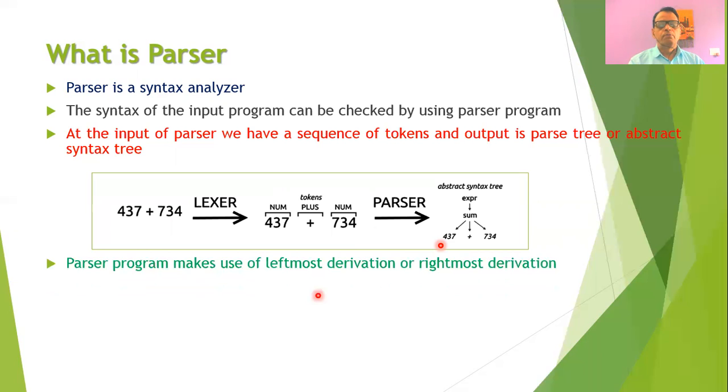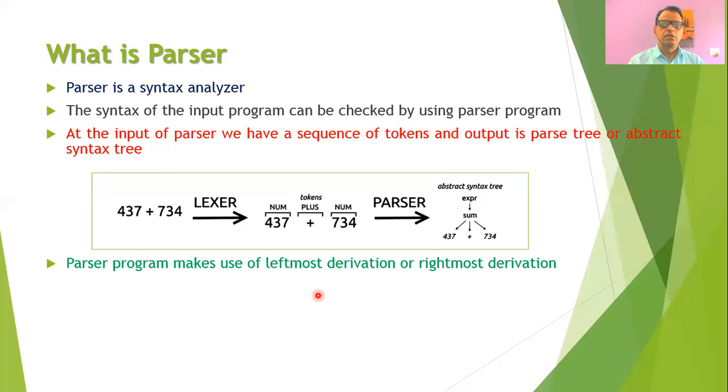The parser program is written by using any programming language. Basically, it will do either the leftmost derivation or the rightmost derivation. Already we have seen that the grammar of the programming language can be described by a context-free grammar, and in the context-free grammar, whenever we are given some input string, we can construct the leftmost derivation or the rightmost derivation for it. The parser program will also do the same thing.